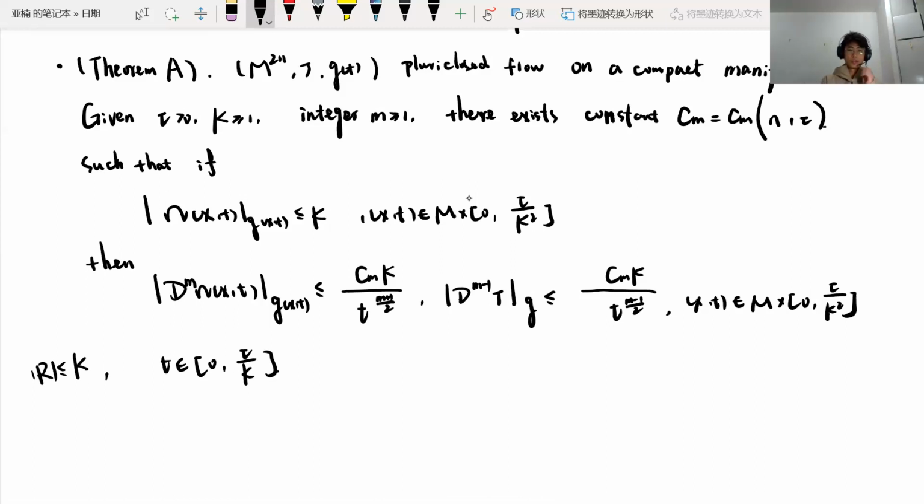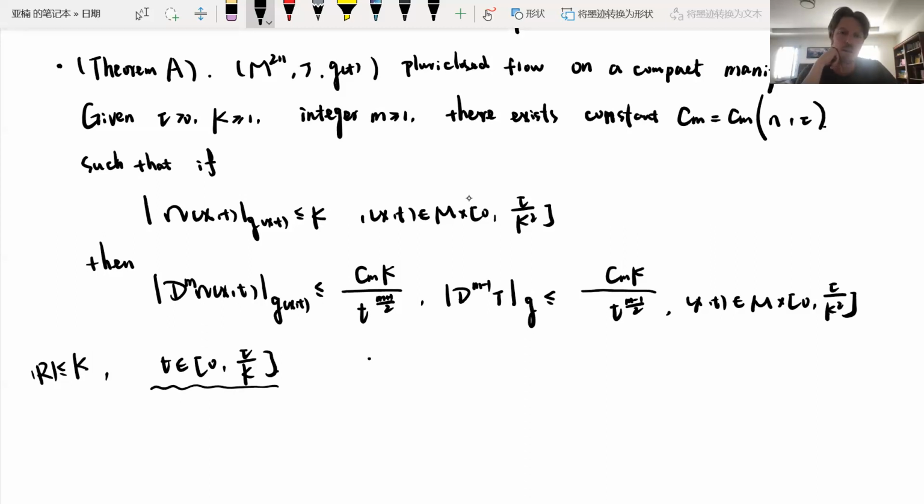Here the relationship between t and the bound of curvature is K squared.